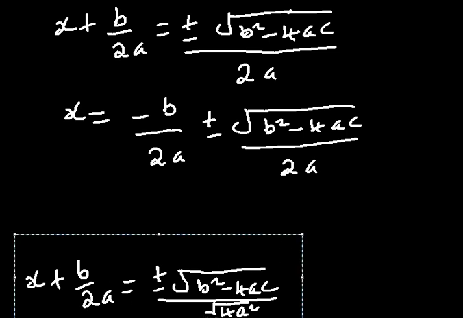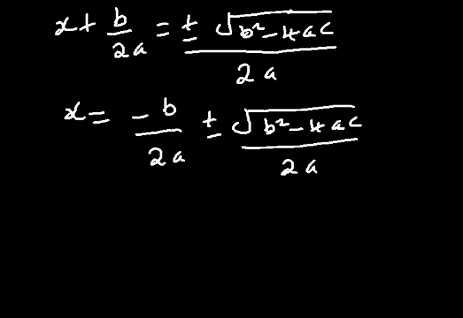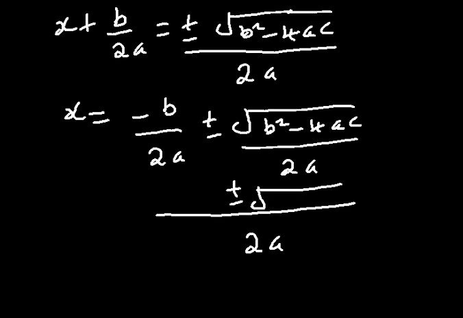And from there, what is the common denominator? We'll have it as 2a, and 2a into 2a is 1, and 1 times this is the same as plus or minus the square root of b squared minus 4ac, and 2a into 2a is 1, and 1 times negative b is negative b. So that is the x.